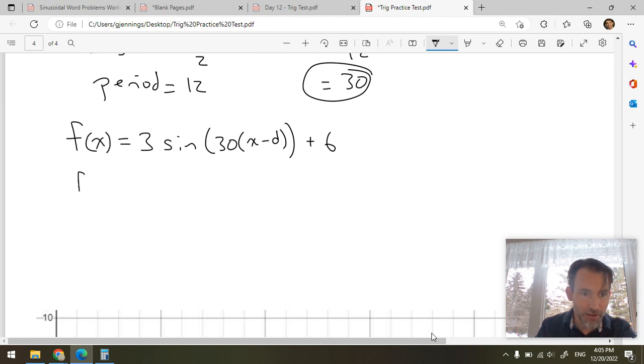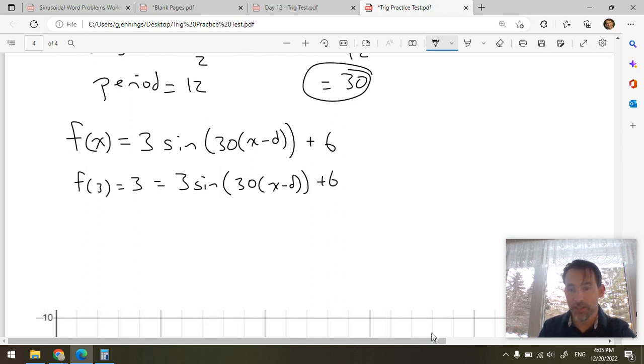So f of 3 is equal to 3, which is equal to 3 sine of 30 (x minus d) plus 6. Subtract 6 from both sides and you get minus 3 equals 3 sine of 30 (x minus d). x is 3, so we should have substituted in for x there.